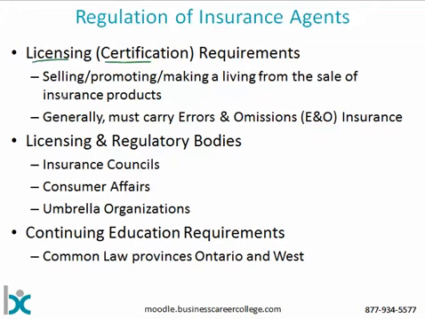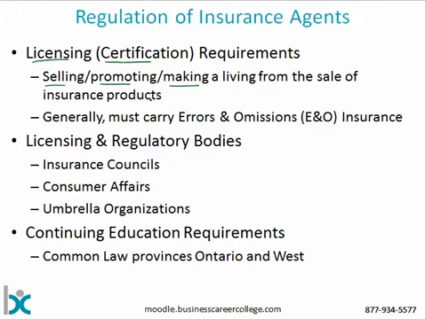It's really the same things. It's these business trigger activities: selling, promoting, making a living from the sale, or giving advice around insurance products. These are the activities that generally require licensing.